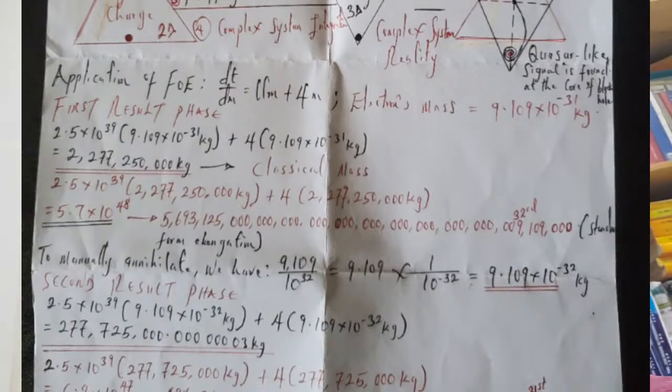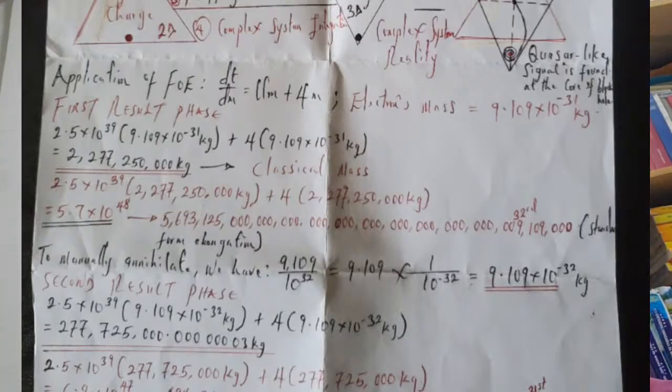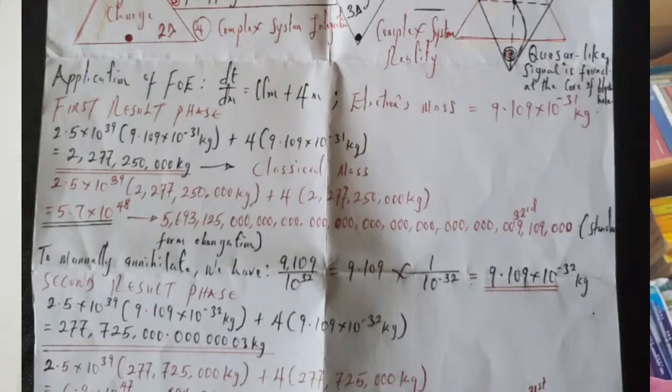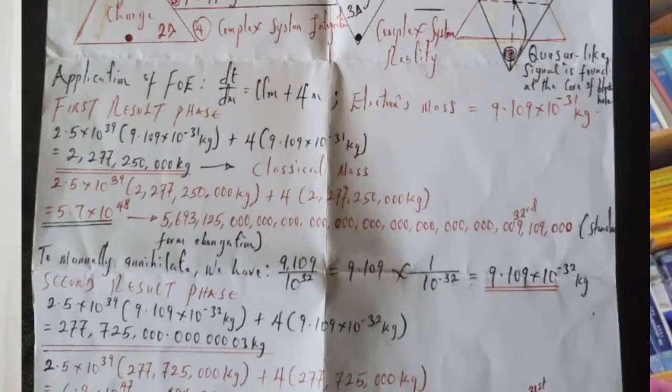So we divide that by 10 to the power of 32, which is the power of that suspension as we have it. And then when we extend this fraction, we have it to be 9.109 times 10, 1 all over 10 raised to power minus 32. So finally, we now have that to be 9.109 times 10 raised to power minus 32 kilogram.